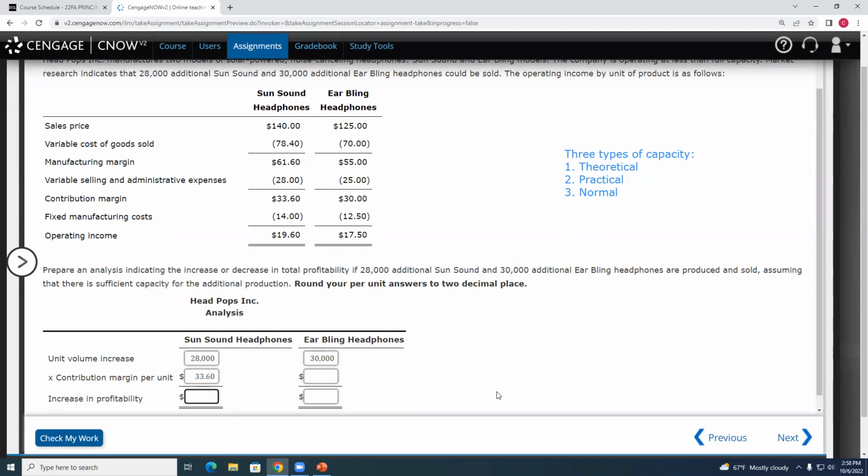Producing those additional headphones, because it's within our practical capacity, will not increase our fixed costs. And the same thing, of course, is true for ear-bling. Ear-bling contributes just $30 to the bottom line.